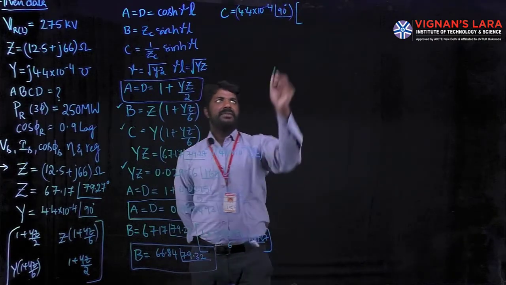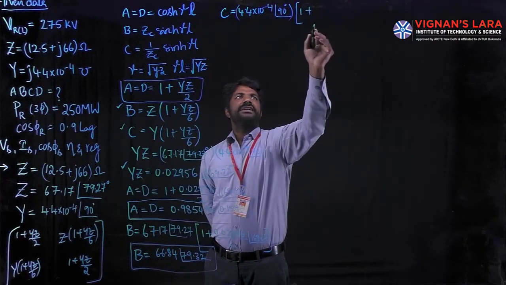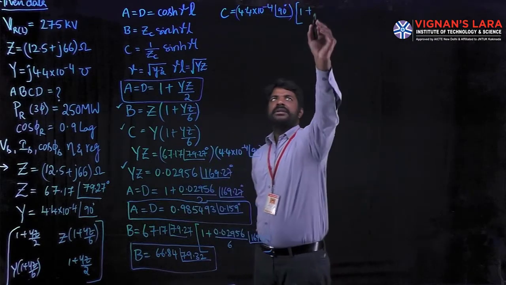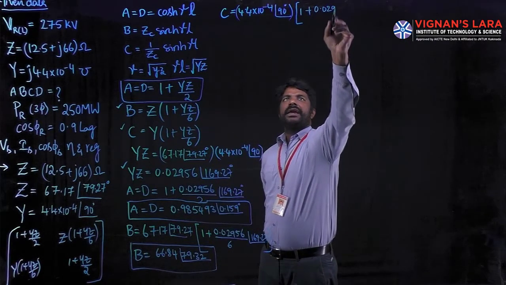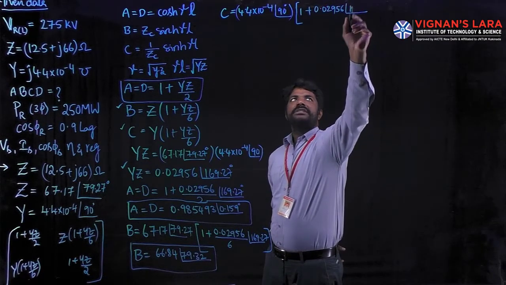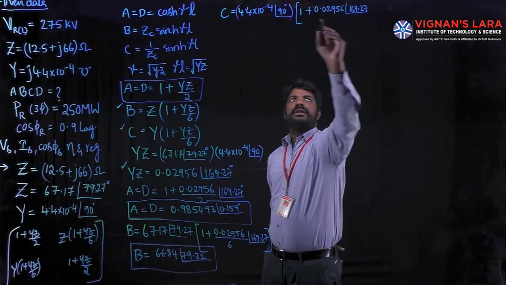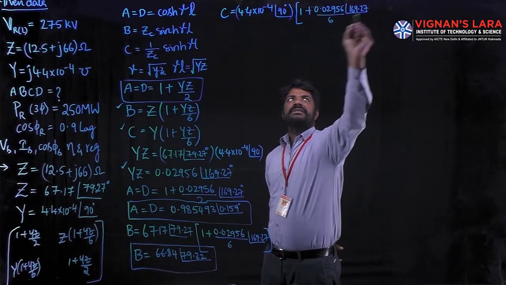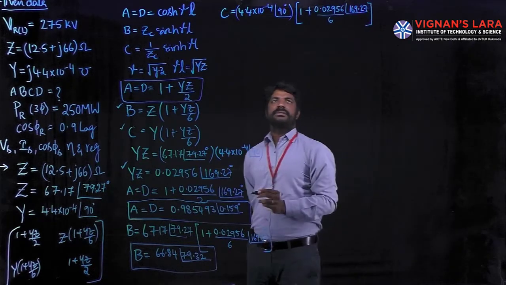What is the fraction? 1 plus YZ by 6. The YZ product is 0.02956 at an angle 169.27, divided by 6.